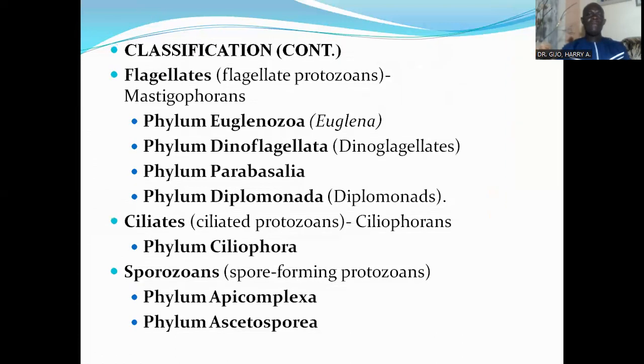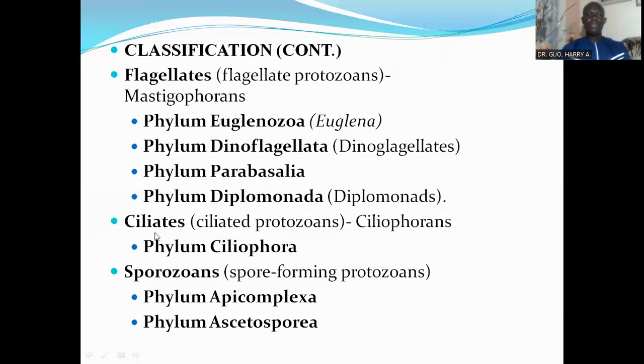Now, the flagellate protozoans are classified into 4 phyla, the phyla of protozoans that possess flagella for locomotion. One, the phylum Euglenozoa, which consists of the euglena; the phylum Dinoflagellata, called the dinoflagellates; the phylum Parabasalia; then the phylum Diplomonadida that has the diplomonas.